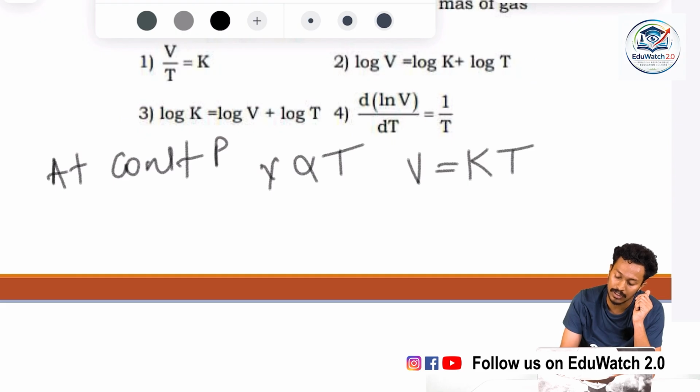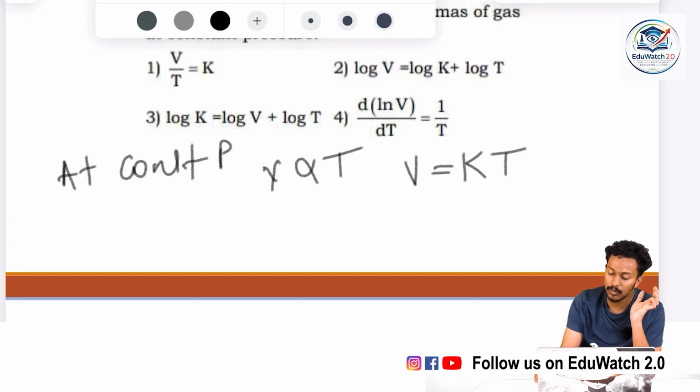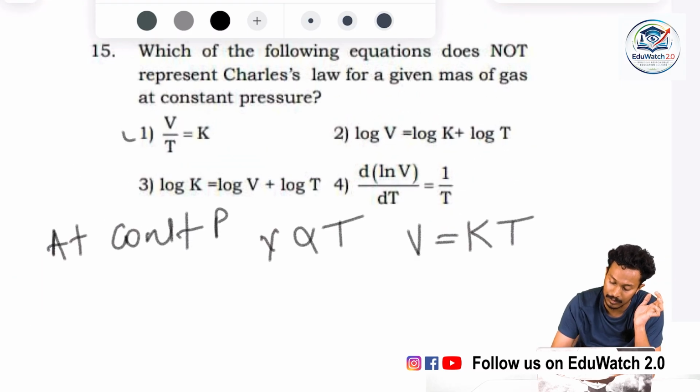Like at constant pressure, V is directly proportional to T, and by saying this, V is equal to KT. We have given that V by T is also K. So option 1 is correct one.